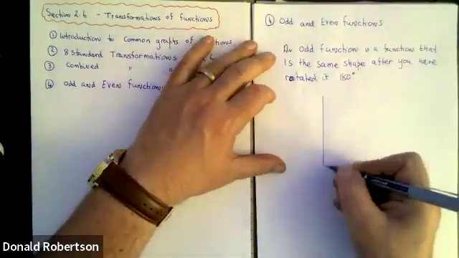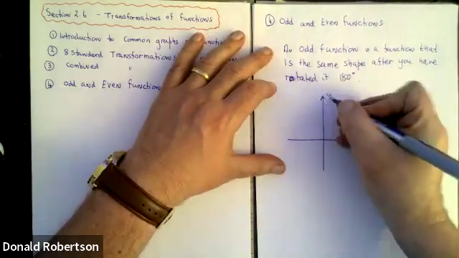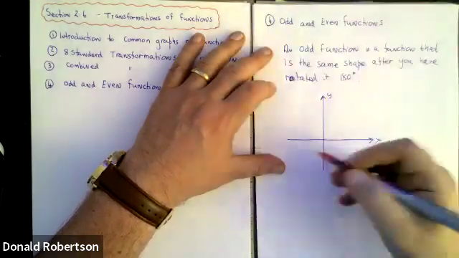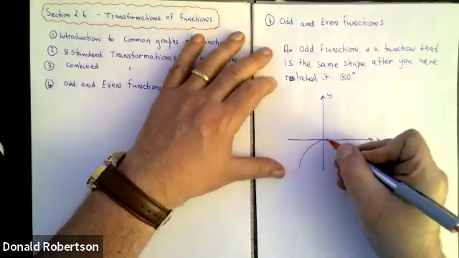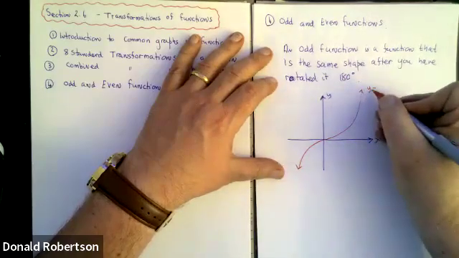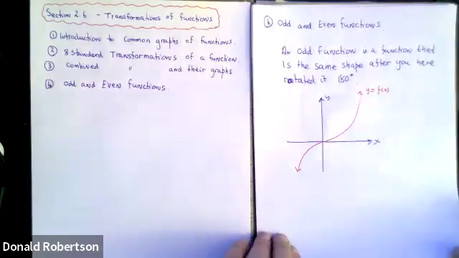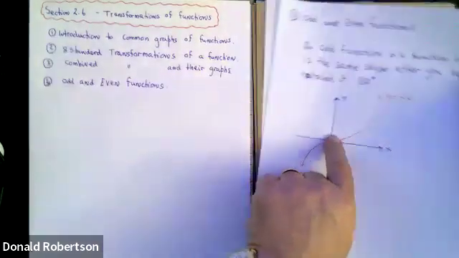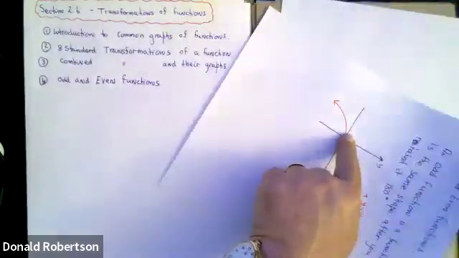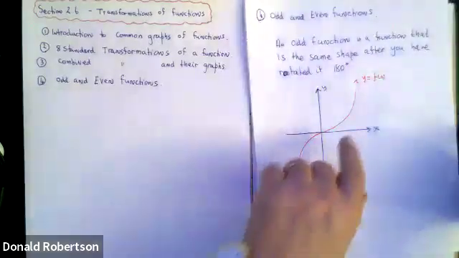To give you an example of what that would look like, here is an example of an odd function. If you take this function and you rotate it 180 degrees, do you see it's the same function? That is an odd function.